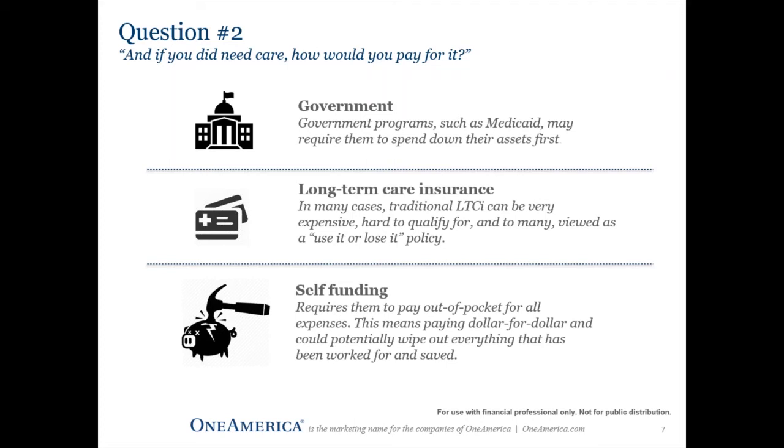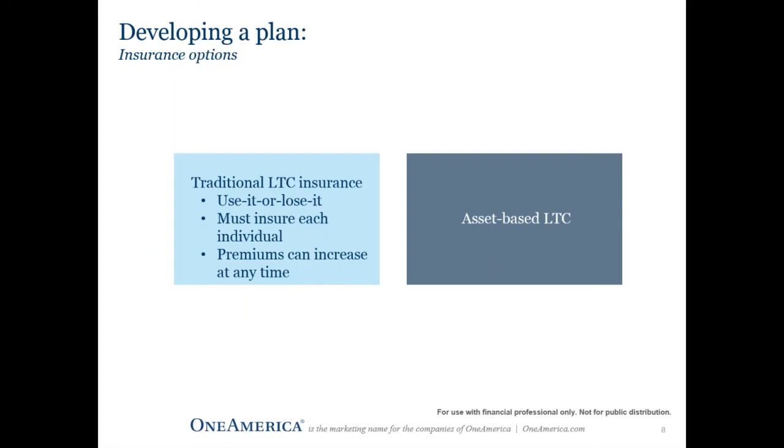Now, how do we develop a plan for our clients? Well, we know traditionally why clients aren't buying health-based long-term care. It's a use it or lose it proposition. The premium, the price tag, goes up significantly over time. We've seen that even from carriers that stood on a soapbox and said, we've never raised rates.